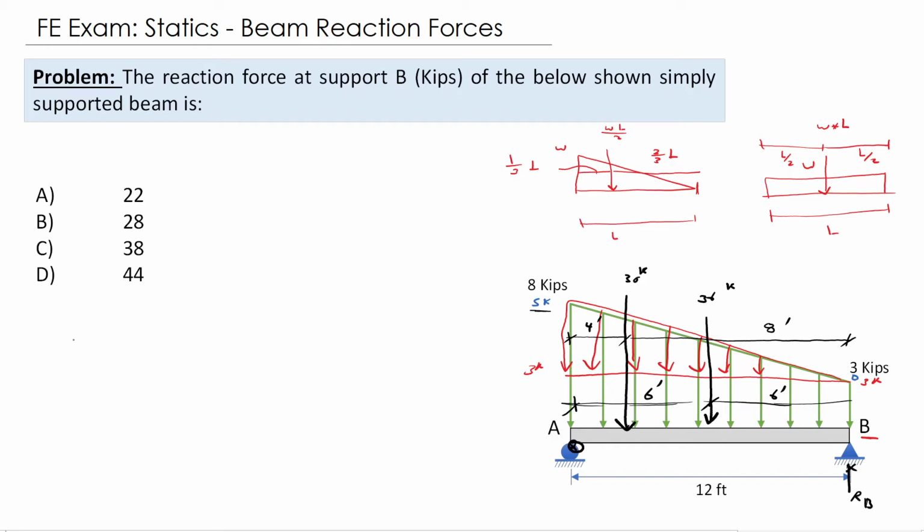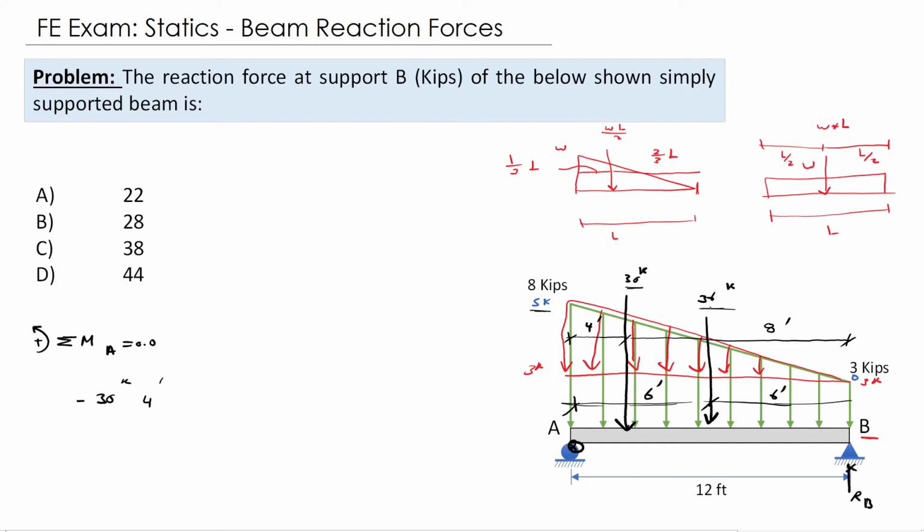Okay, so we know that the summation of moment at point A should equal to 0. So we have 30 kip multiplied by 4 foot. This is coming in the negative direction.